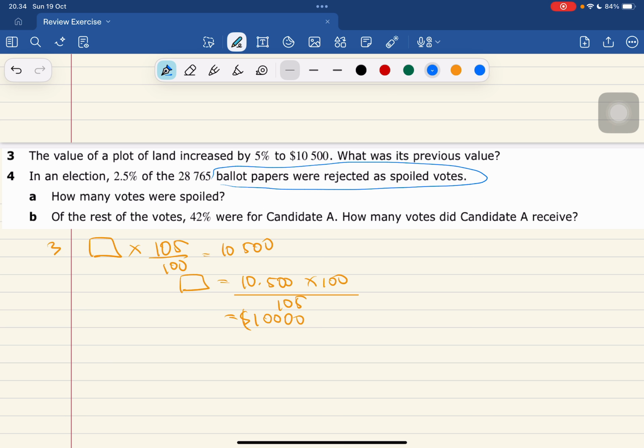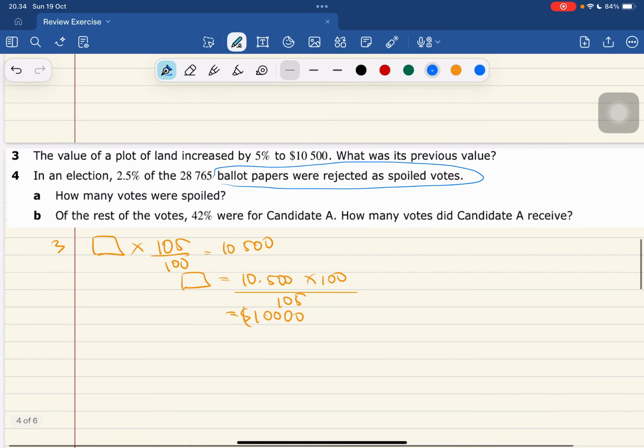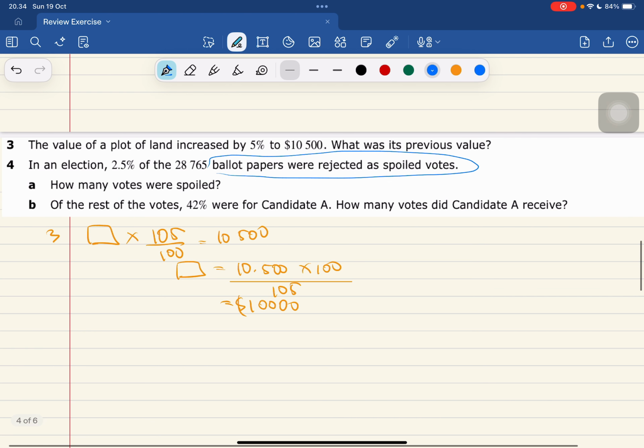Next, in an election, 2.5% of the 28,765 ballot papers were rejected. How many were spoiled? So rejected. So it's going to be 97.5 over 100. We multiply by 28765.